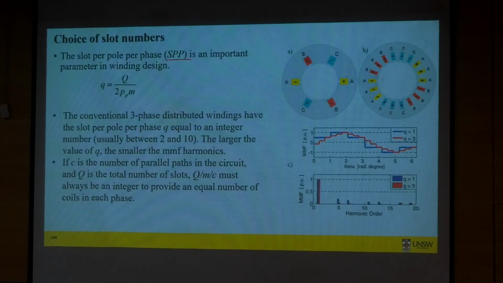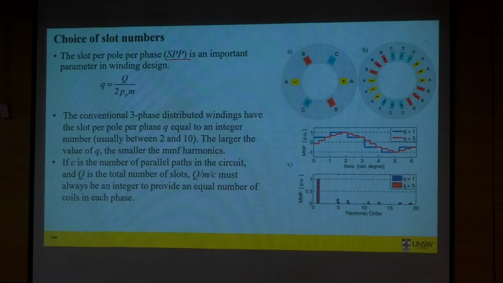If this factor is a fraction less than 1, then we have fractional slot type windings. Fractional slot could even be distributed winding. Concentrated winding is always fractional slot, especially if it is used as a PMSM.